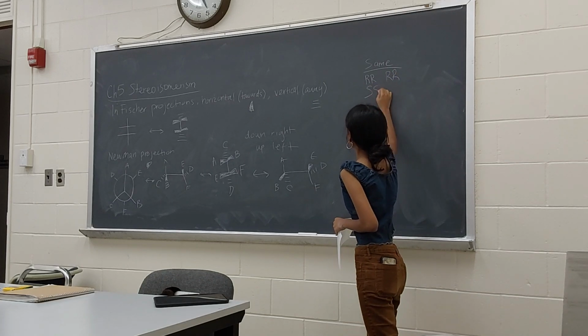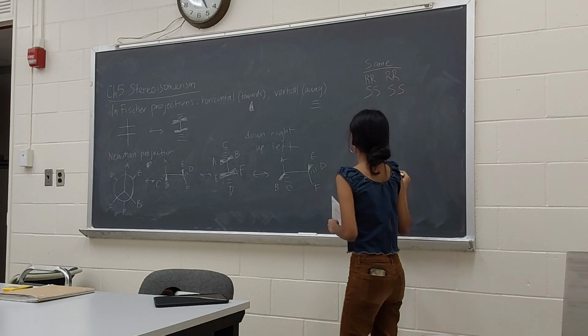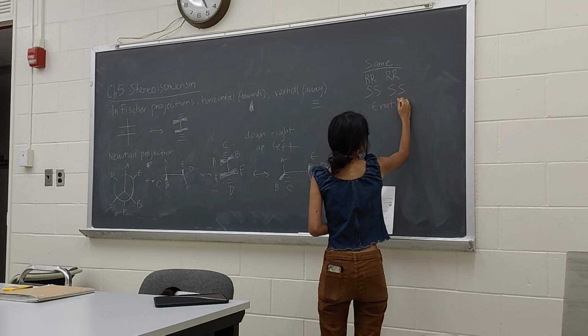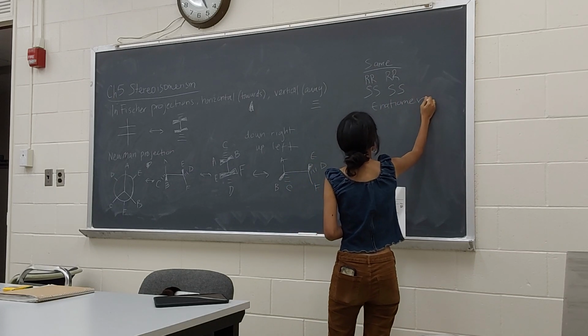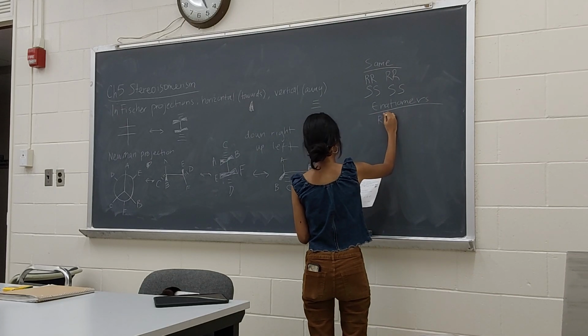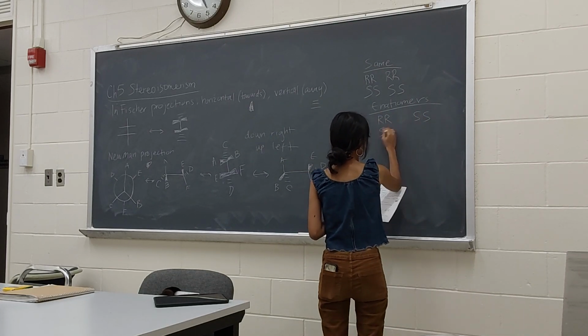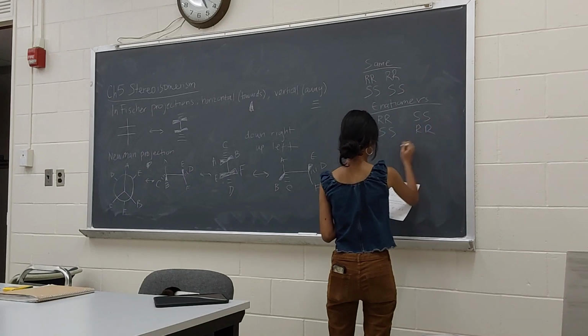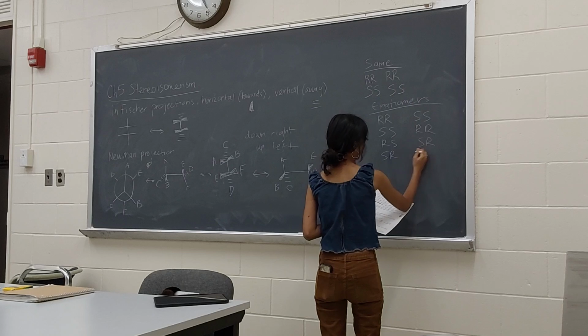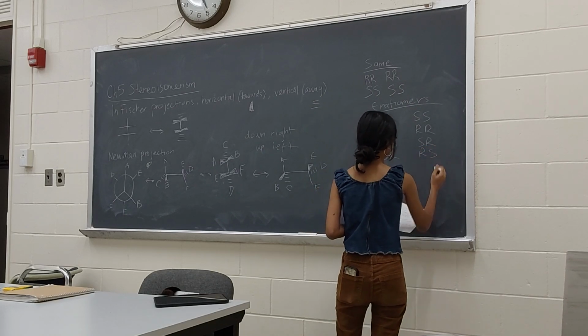And then SS versus SS, those are going to be the same. And the enantiomers will be the opposite. So there's 4 combinations: RR, SS, RS, SR.